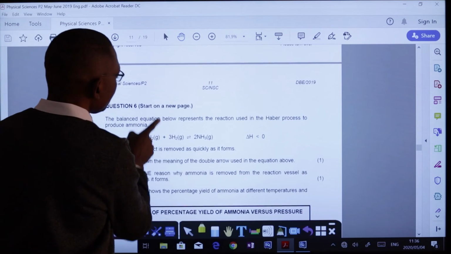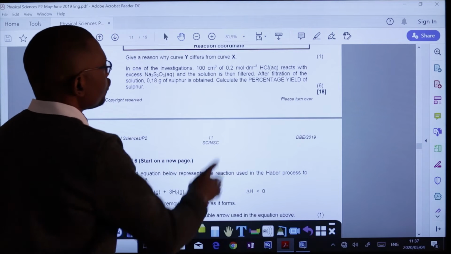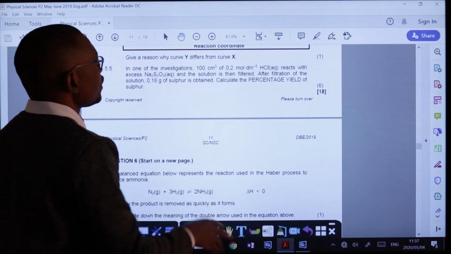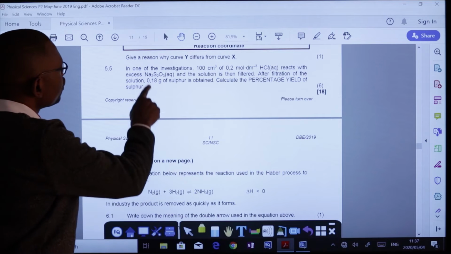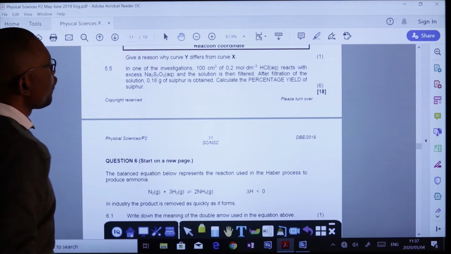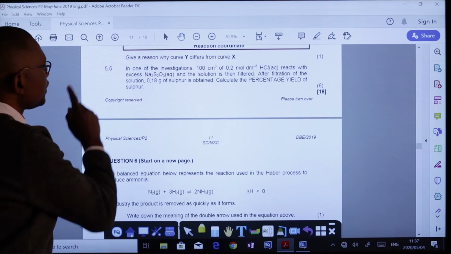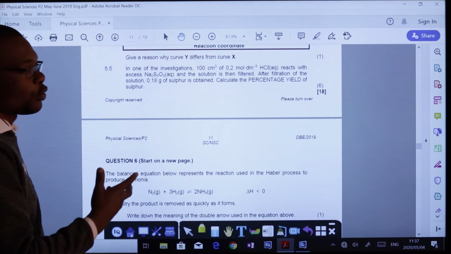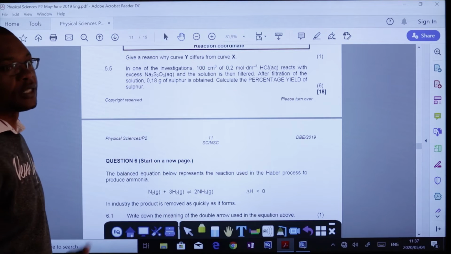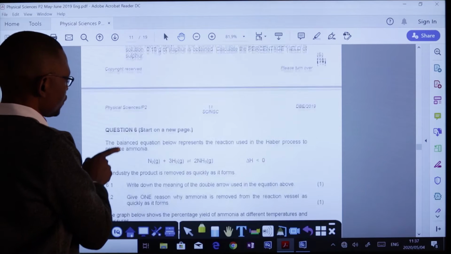Okay. So how many marks there? For 6 marks. So if you put in the values and then you calculate, I don't have a calculator with me, but if you just put in the values of 0.18 over the relative molecular mass of thiosulfate times the number of moles there, we obtain 0.02 times 100. It will give you the percentage yield of sulfur.